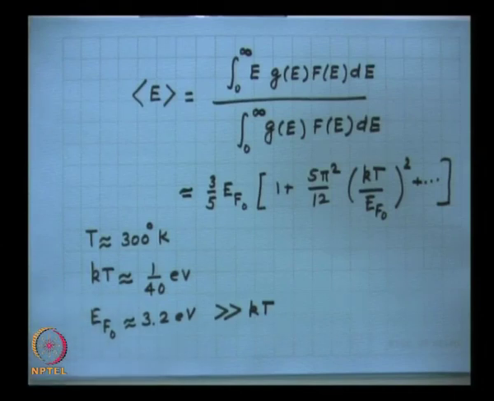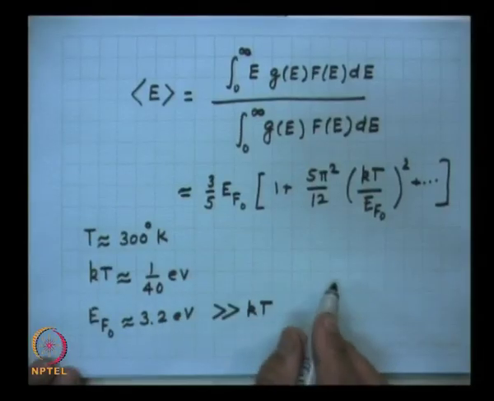And so, although the sodium metal is at 300 degrees Kelvin, we can assume that the situation is somewhat similar to that at 0 degrees Kelvin, and we say that it is in an almost degenerate state.